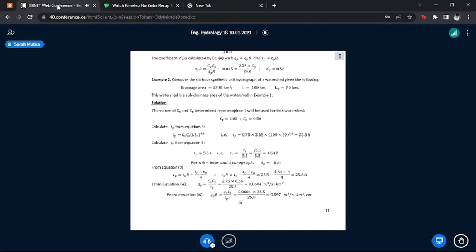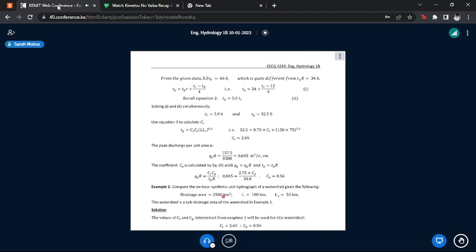Using equation 5, we calculate TP and TPR, and finally from equation 4, we calculate QP.